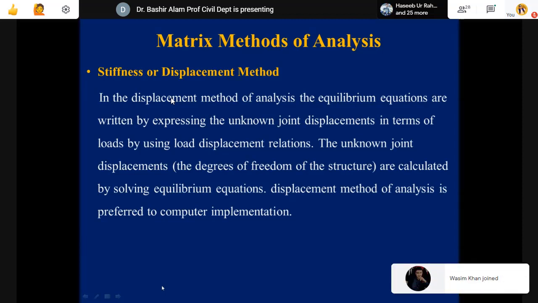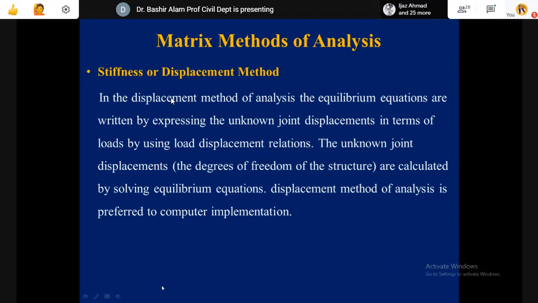To resolve that issue, we applied the unit effect multiplied by the redundant action, and we brought it back to the initial compatibility condition the indeterminate structure was having. You must be clear about this concept and this technique which we were using in the statically indeterminate structure in the flexibility method.